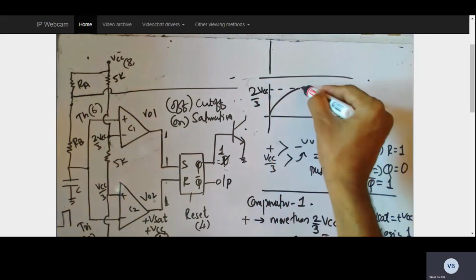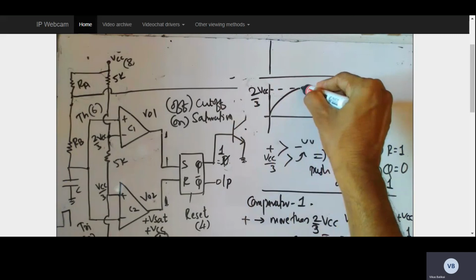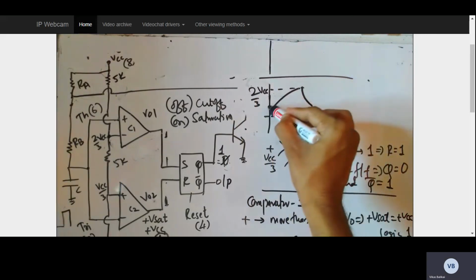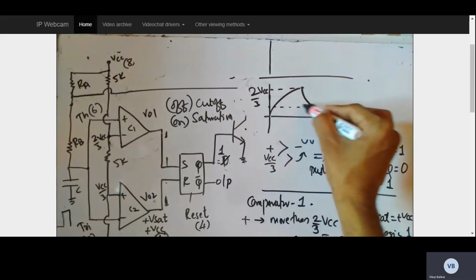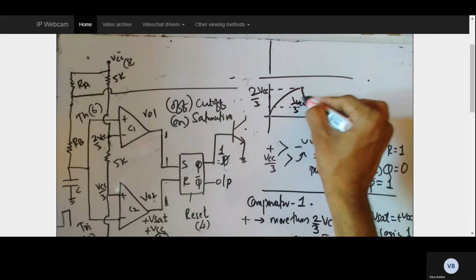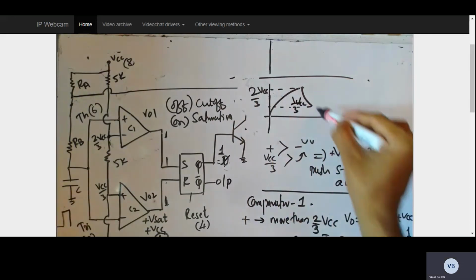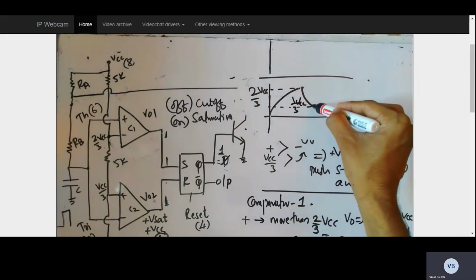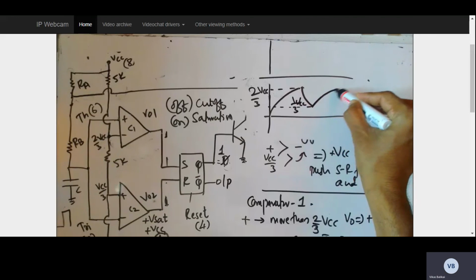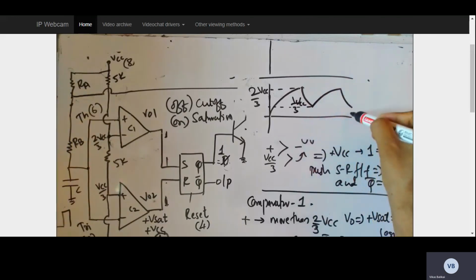And as soon as the charging reaches it, what is going to happen? It is going to discharge, and it is going to discharge till 1 by 3 VCC. This is 1 by 3 VCC. And as soon as it reaches 1 by 3 VCC, it is further going to charge, and then it is going to discharge. As a result, this will be the continuous value of my capacitor.